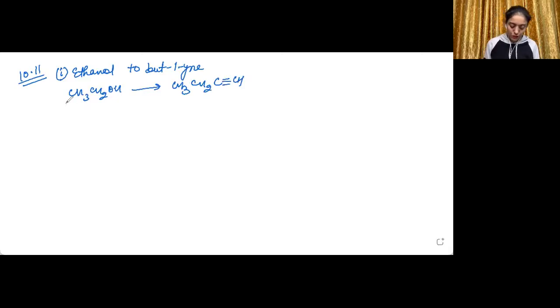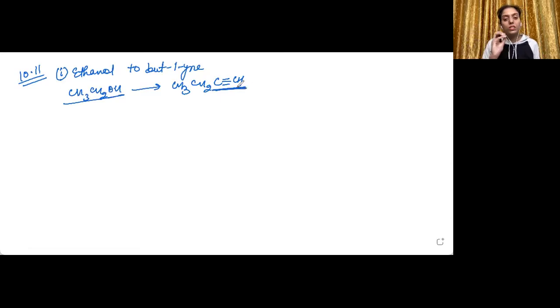First of all, just see, we have 2 carbons in the reactant and we need 4 carbons in the product. Second thing, we need a triple bond, which is a terminal triple bond. Terminal triple bond means that this triple bond is present at the end of the carbon chain.